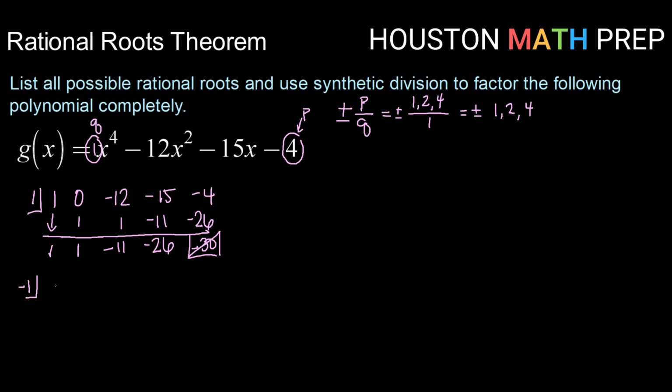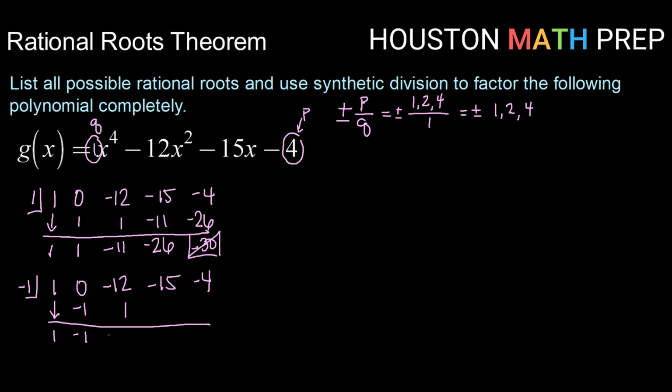So I'll go ahead now and set up to test negative 1. I'm just copying down my same setup, but this time I'm going to test negative 1. Negative 1 times 1 is negative 1. 0 plus negative 1 is negative 1. Negative 1 times negative 1 is positive 1.